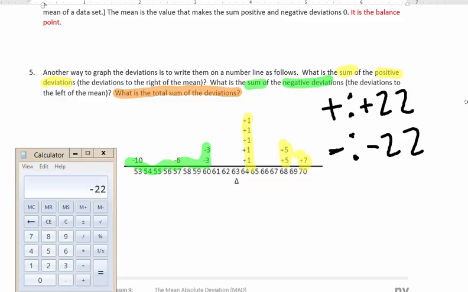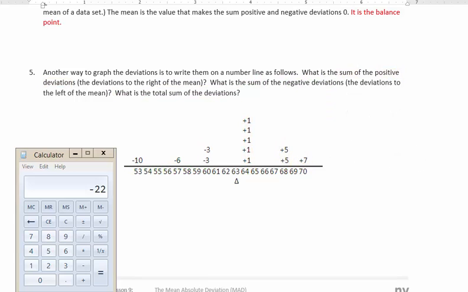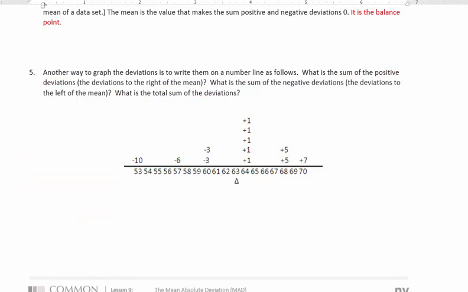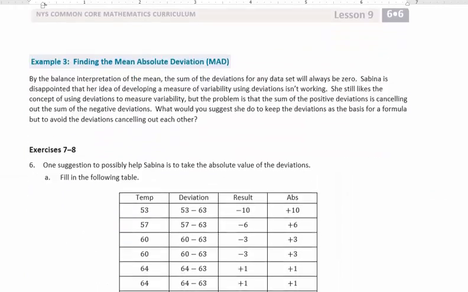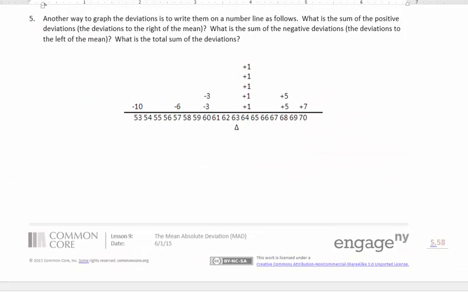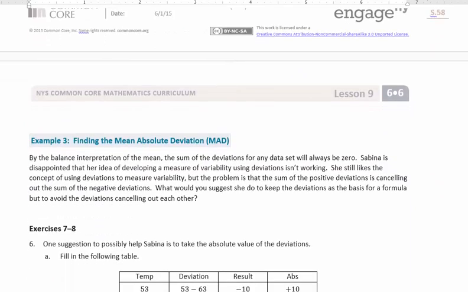Well, I add them together. Positive 22 plus a negative 22 is 0. So it's the same thing I just showed in that previous problem. But look what we're going to do to expand on this. We're going to be using this information, plotting the deviations, to find something called the mean absolute deviation. That's going to be assisting us.